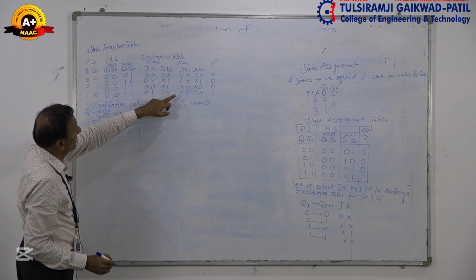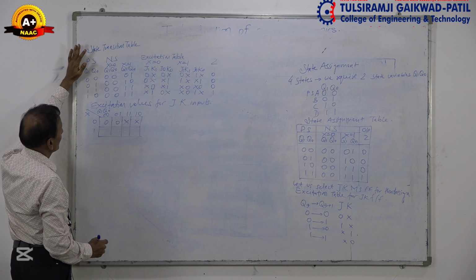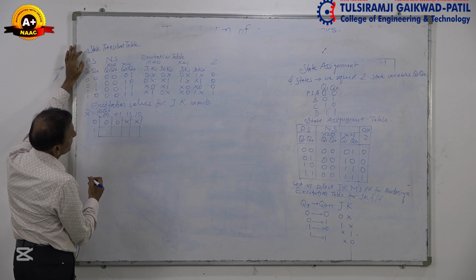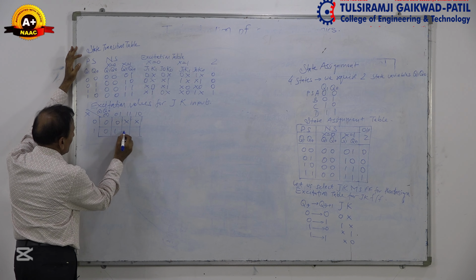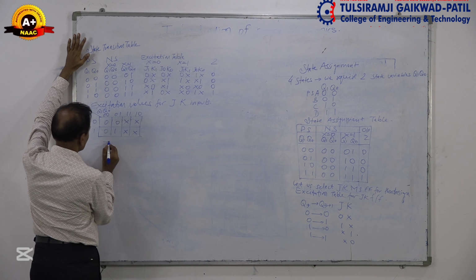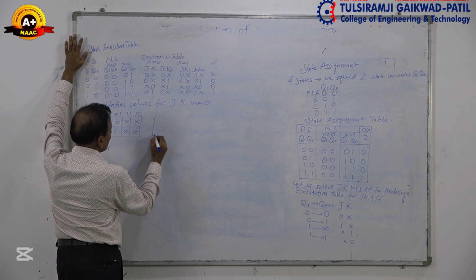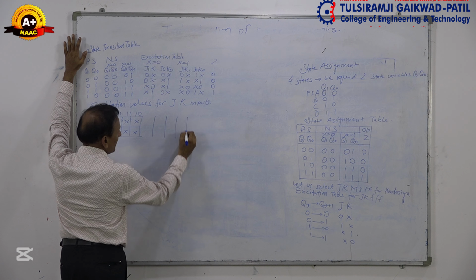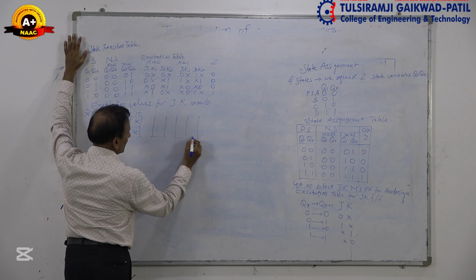For x equal to 1, it is 0, 1, don't care, don't care. And this is for J1.